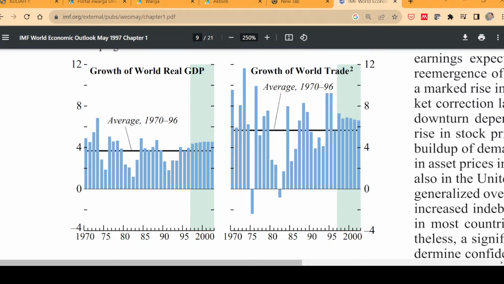So now the one child policy has been changed in China. The government wants women to stay home, and you get money for having children. They want more than one now, two, three. That's the latest in China.